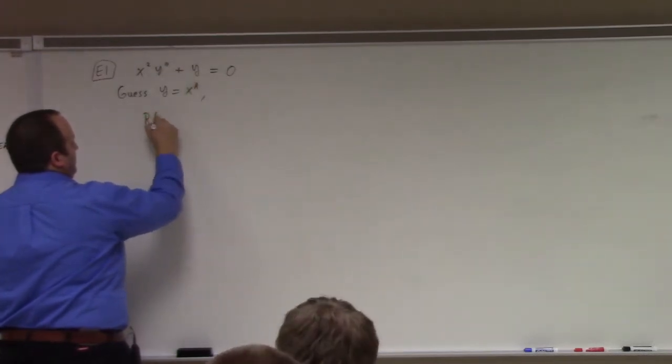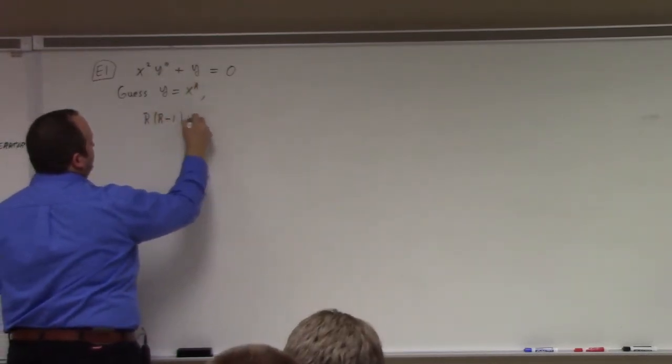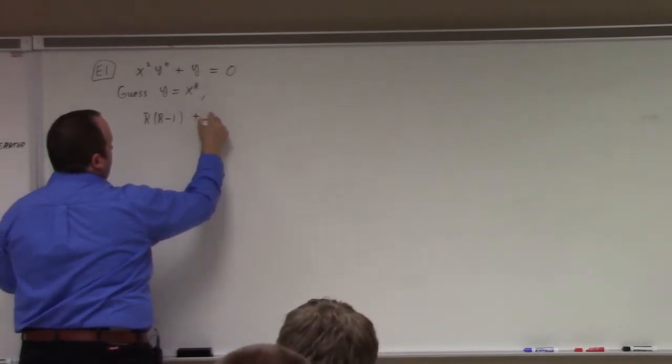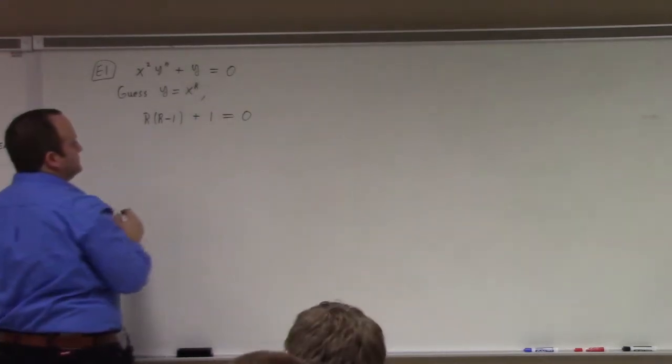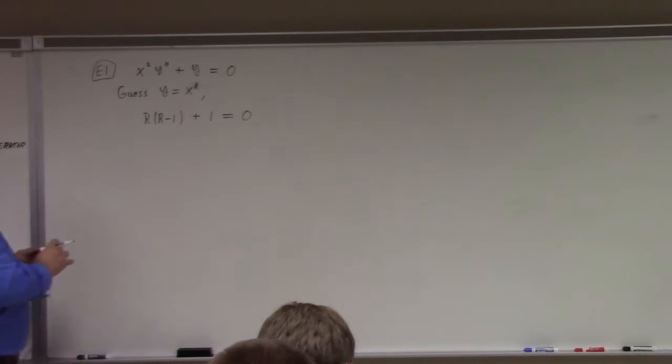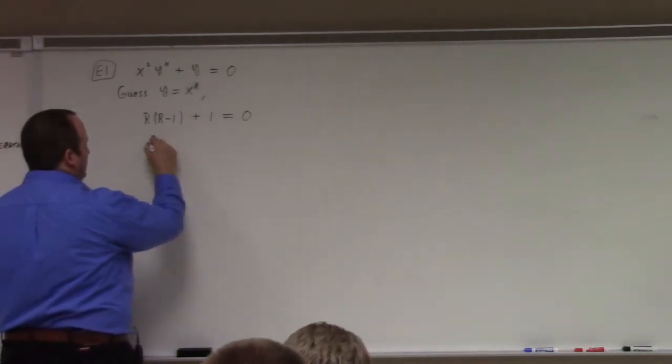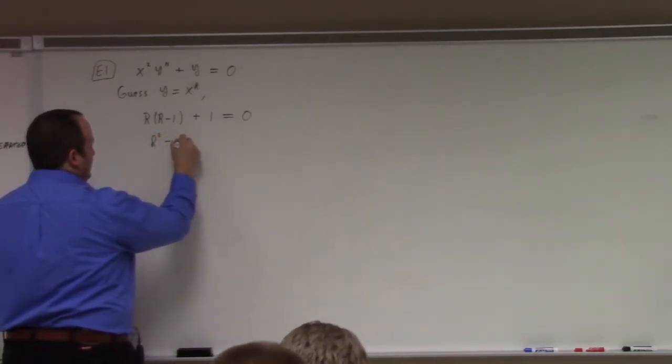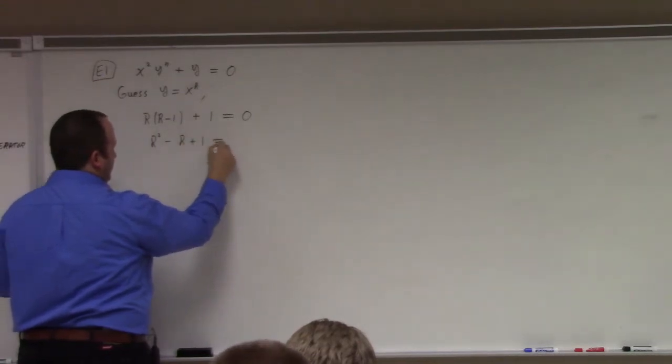It gives us r times r minus 1 plus 1 equals 0. Fine, I think I chose poorly, guys. This is r squared minus r plus 1 equals 0.